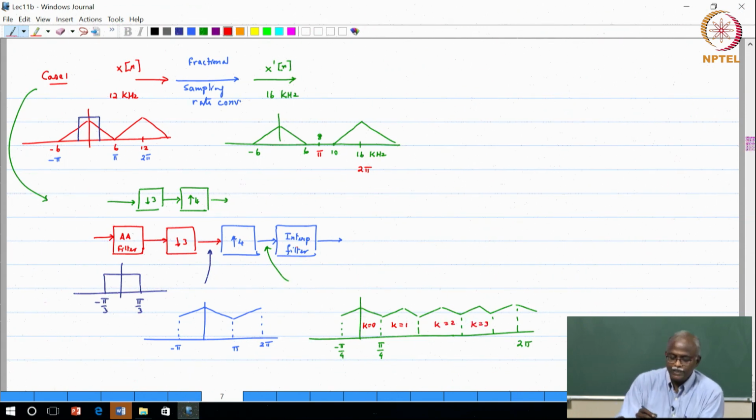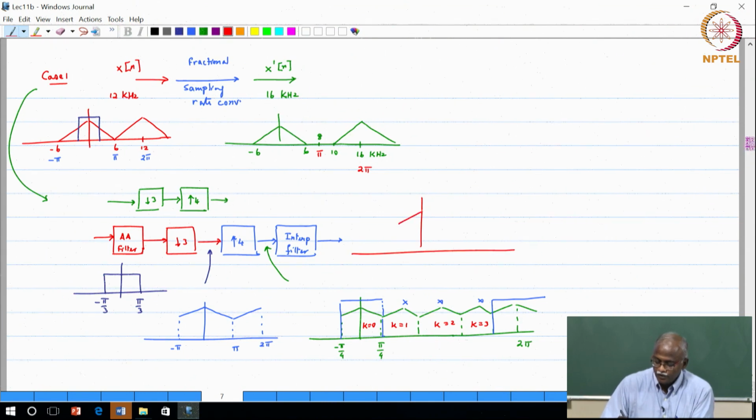The interpolation filter is going to go between minus pi by 4 to pi by 4 and remove everything else outside. So, this will get removed, this will get removed, this will get removed. So, the reconstructed signal at this point has the following spectrum.